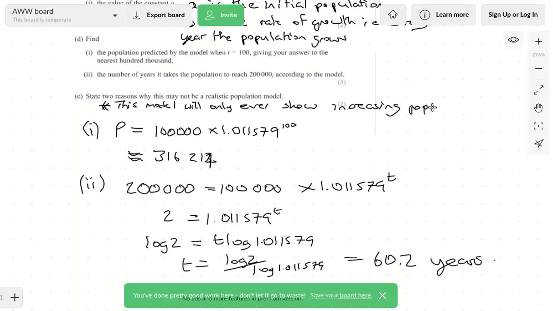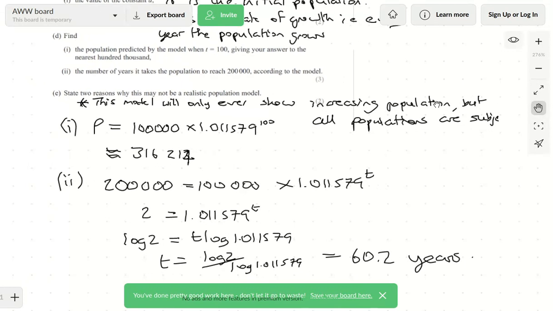But physical constraints are likely, because all populations are subject to physical constraints. Do you know what I mean? Like how much water there is available, how much food there is available, etc. So I'm basically saying it's going to eventually give you like infinite population.